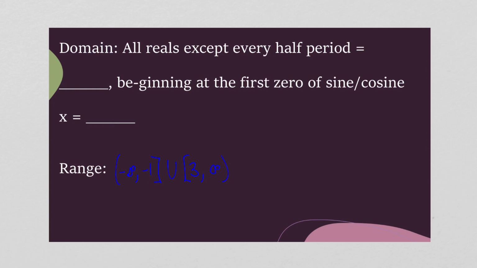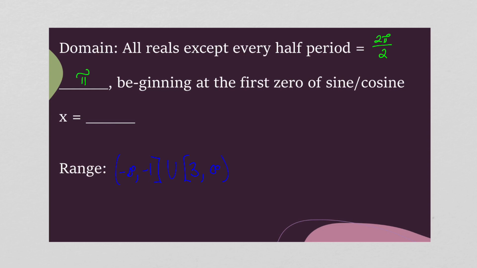And then last, the domain. It says all real numbers except every half period. Well, half the period, that's 2 pi divided by 2, right? So pi.